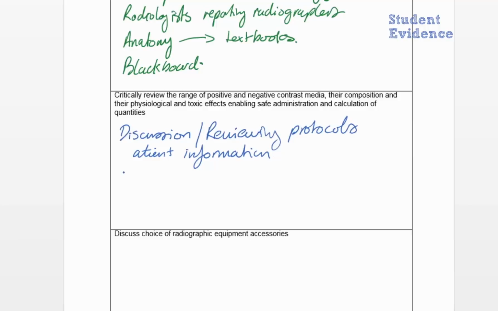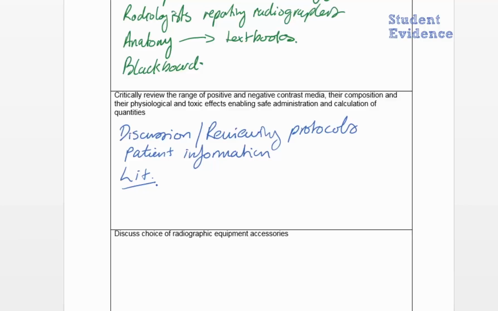Any discussion of literature, I mean, there is an absolute ton of literature out there, particularly around the indications and contraindications of contrast media and its different physiological effects. Although we tend to focus on the nephrotoxic effects of contrast, there are of course other types of effects.